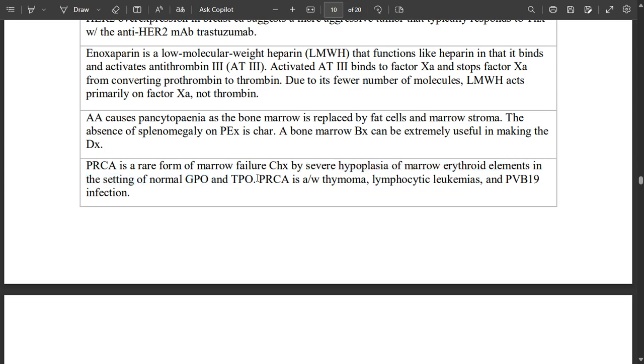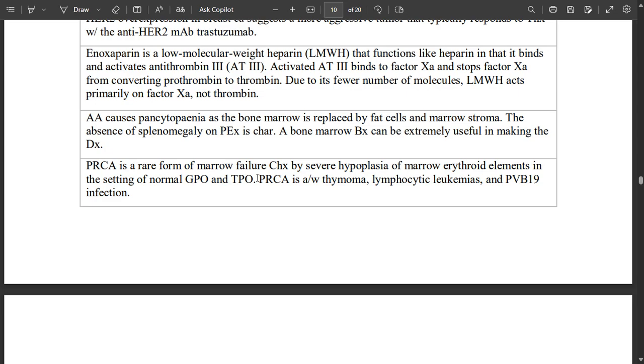So TPO and GPO. Okay, TPO, I think thrombopoietin, and granulocyte macrophage colony stimulating factor, GM-CSF.